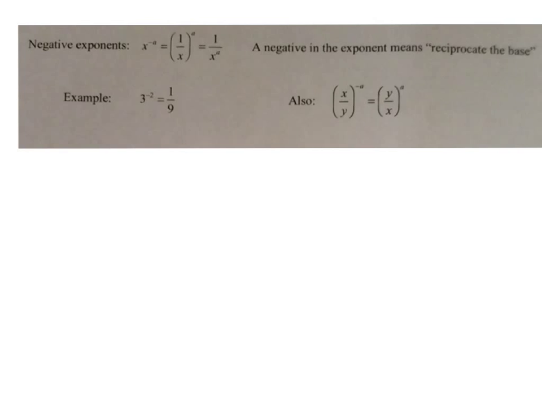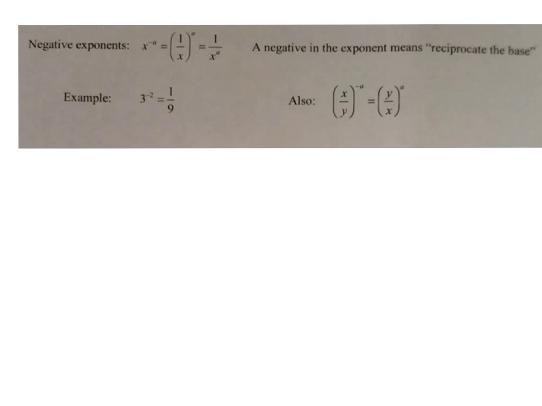Okay, the next rule is the negative exponent rule. And we learned in class today, or let's see, Tuesday it would have been, when we were graphing the exponential, that negative exponent meant to reciprocate the base. And it's really important to remember that.